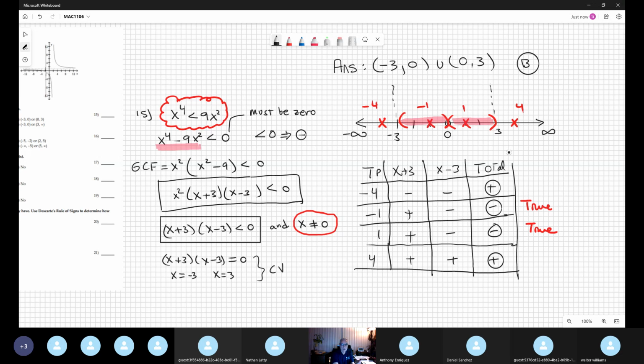Secondly, factorize the left hand side. Now in this scenario, we discover that we have one factor that contains an even exponent. And so you make a decision. Is it a partial delete, or a total delete? It's partial because my inequality is a strict inequality and not a combination.